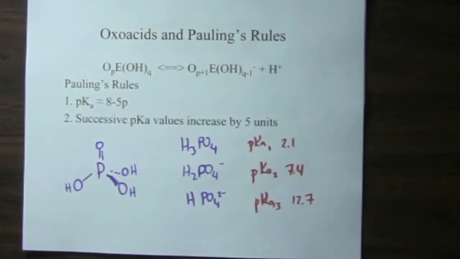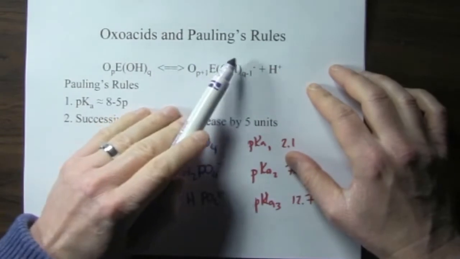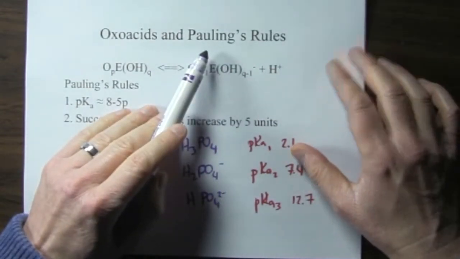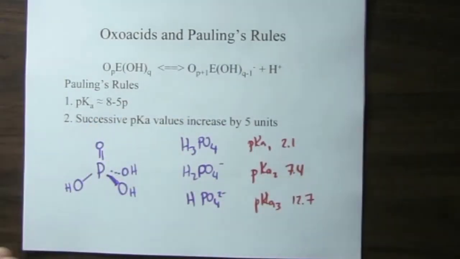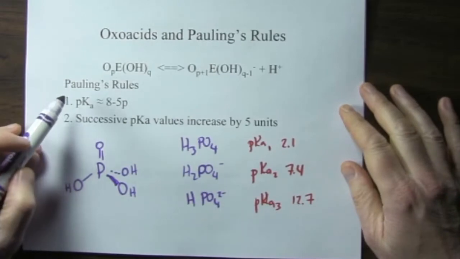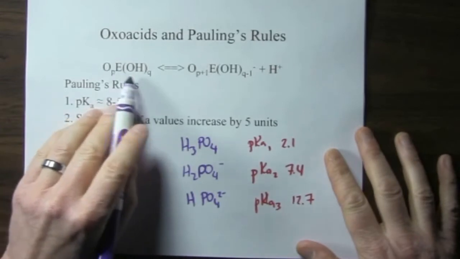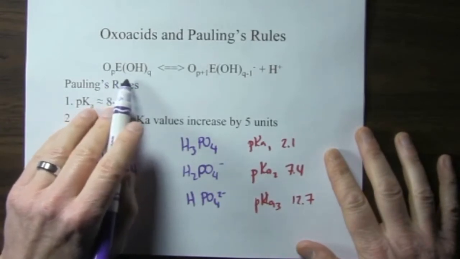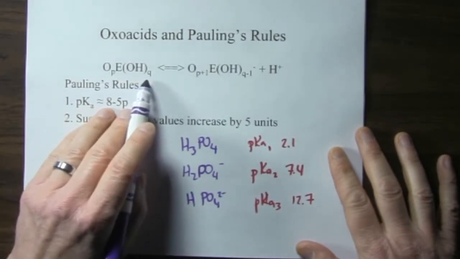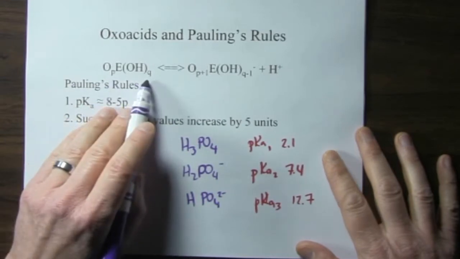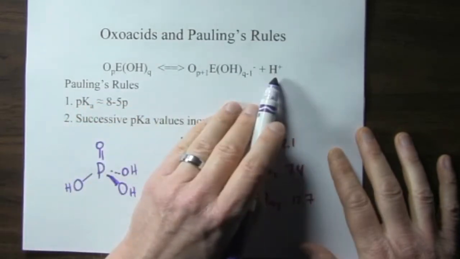Now let's look at the oxoacids of the nonmetals, and we're going to look at Pauling's rules to help explain their chemical behavior. And again, these are trends, and we'll see as we get more involved in the details that we might need to modify these a little bit. So the idea is that you have a nonmetal oxide that's hydrated, and the degree to which it's protonated is distinguished here by a P or a Q, and then it will lose a proton, acting as an acid.